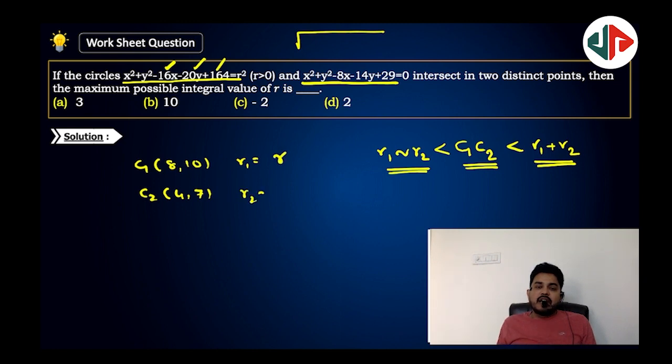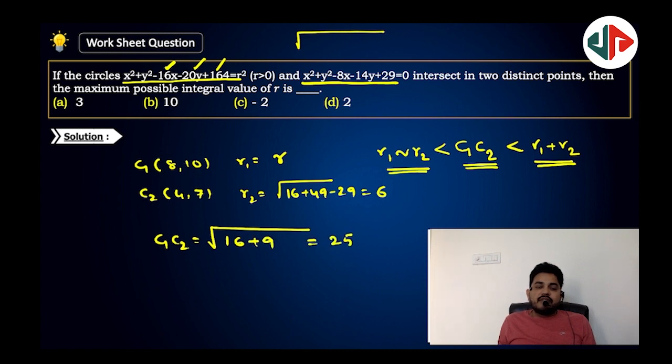And what about R2? R2 is equal to square root of 16 plus 49 minus 29, which is equal to 6. You look at C1C2. What is the distance between C1 and C2? C1C2 is root of 16 plus 9.